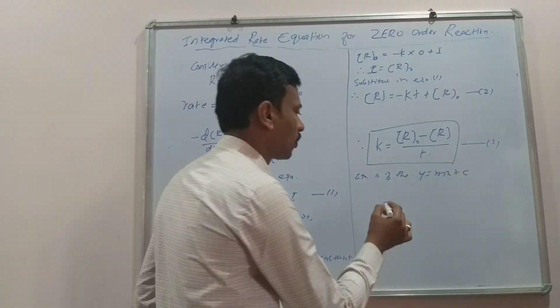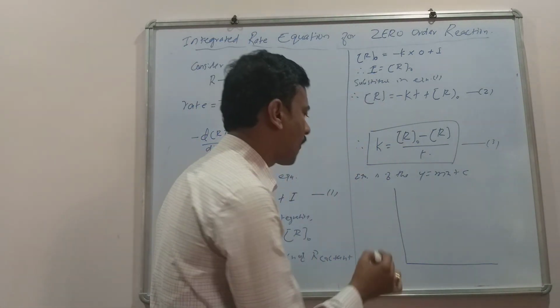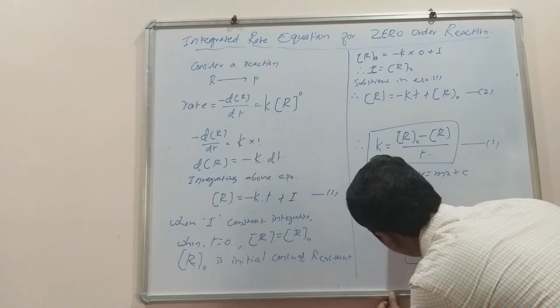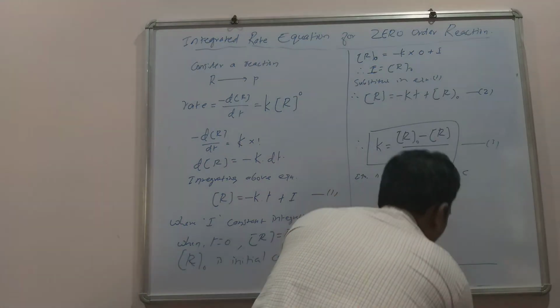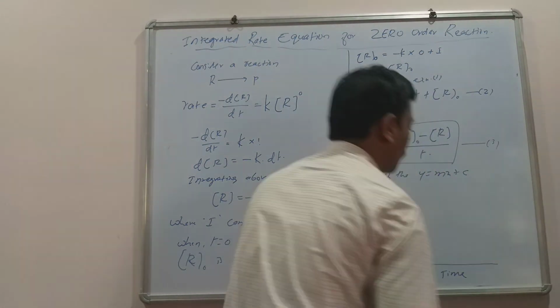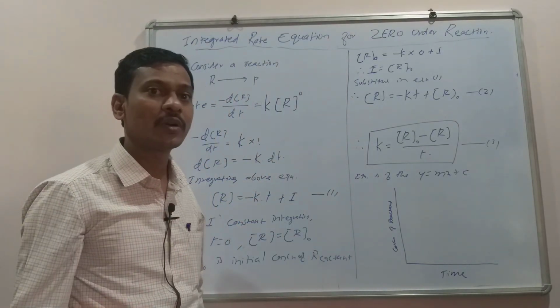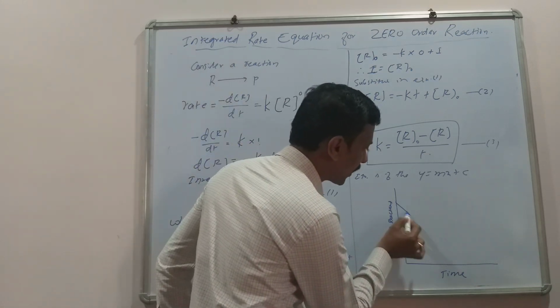From that we come to know that by plotting the graph of the concentration of the reactant with time, we get a straight line with negative slope.